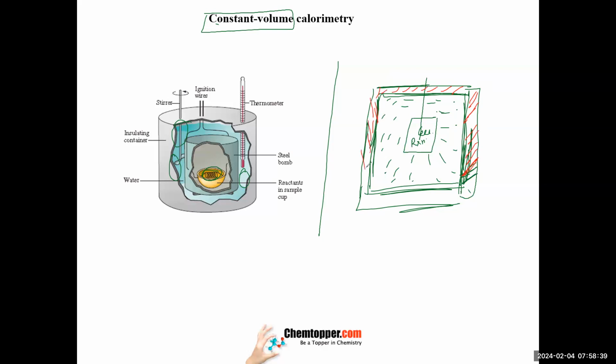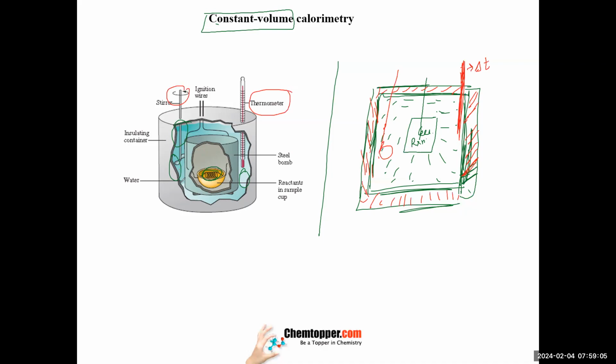What else is needed? A thermometer. Where should it be? In the water. Thermometer is in the water. This is the thermometer. You're going to measure delta T here, the change in temperature of water in the bomb calorimeter. And then you need a stirrer for the uniform spread of the heat. Can you see the thermometer and the stirrer?